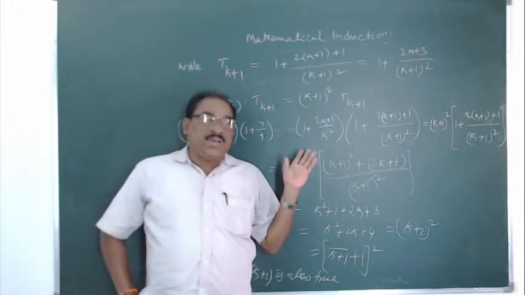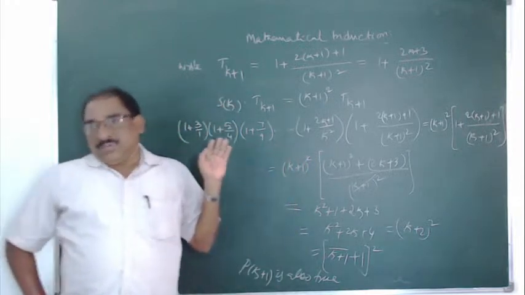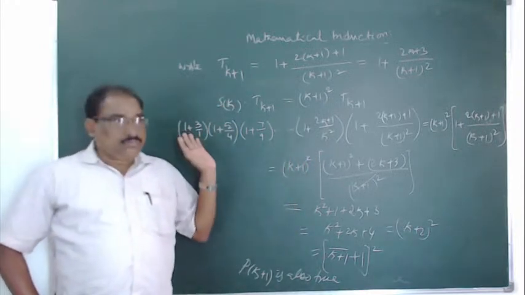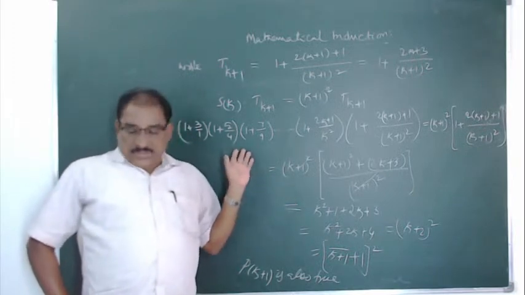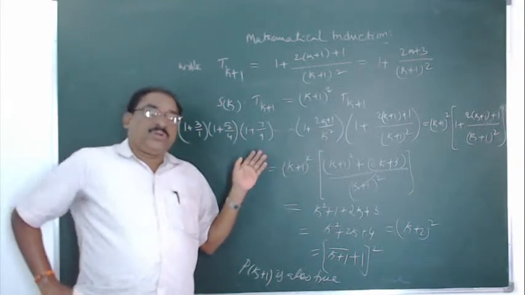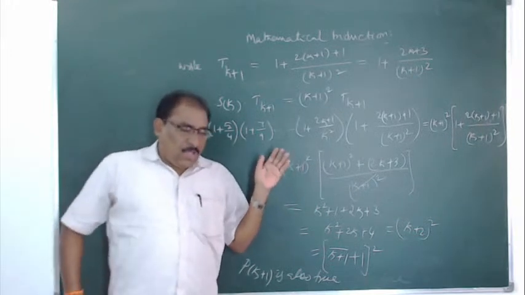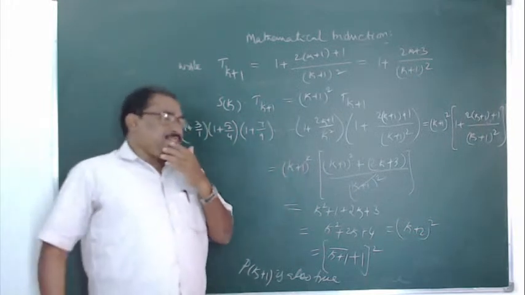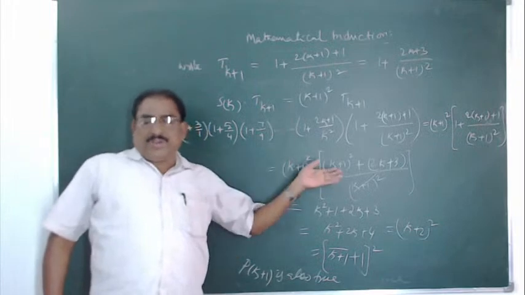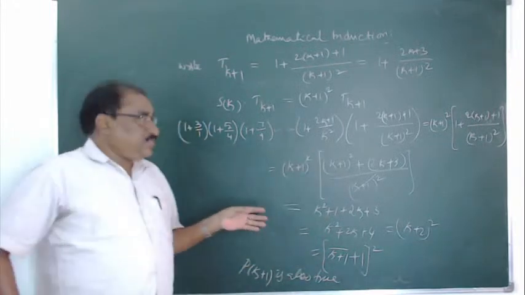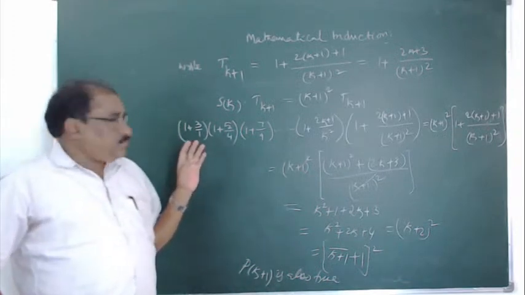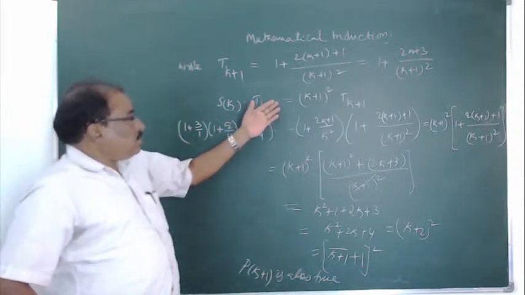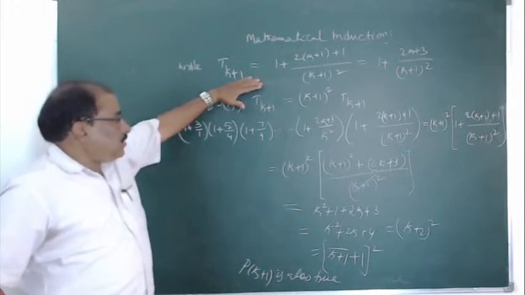Now, by step 3, we have to prove P of n is true for n equal to k plus 1. Okay. Here, get the k plus 1th term. What is the kth term?